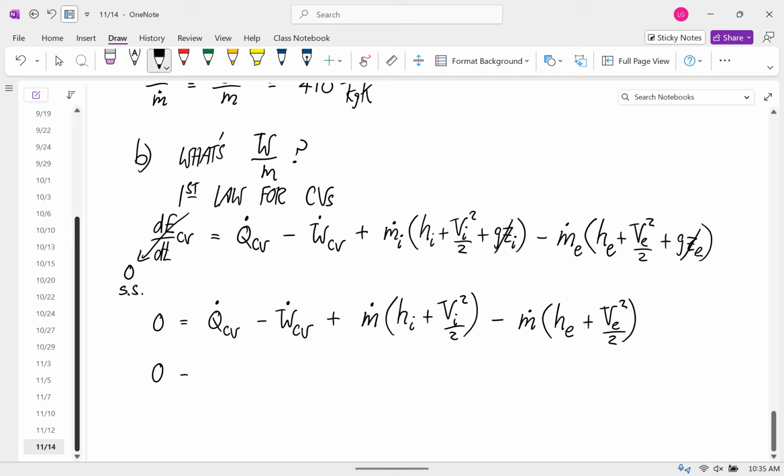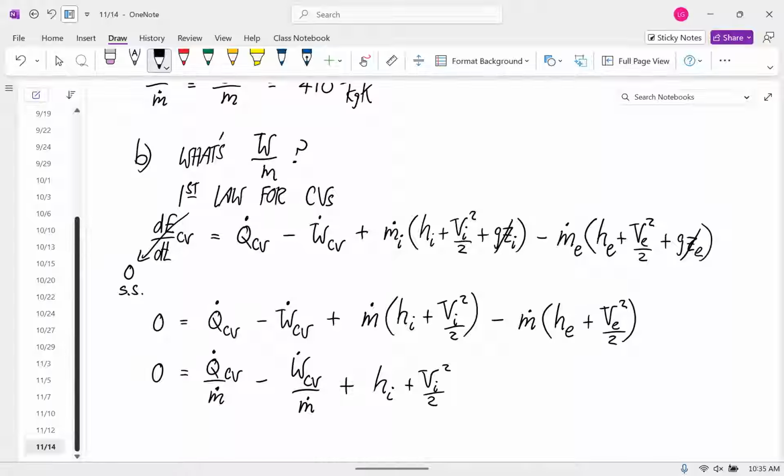You get 0 is equal to Q dot over m dot minus W dot over m dot plus h i plus V i squared over 2 minus h e minus V e squared over 2.